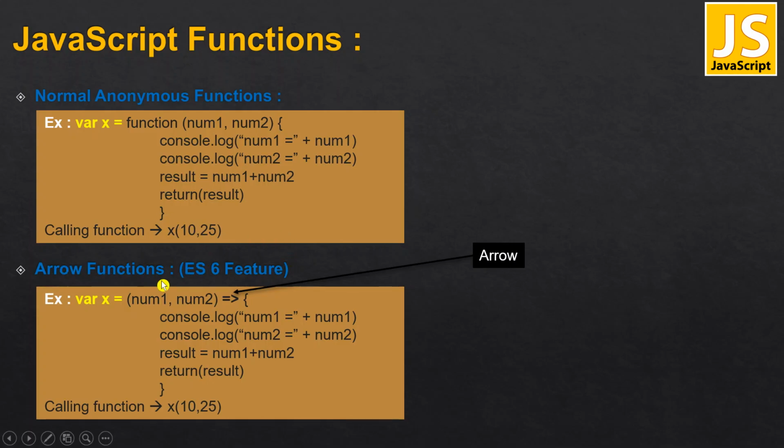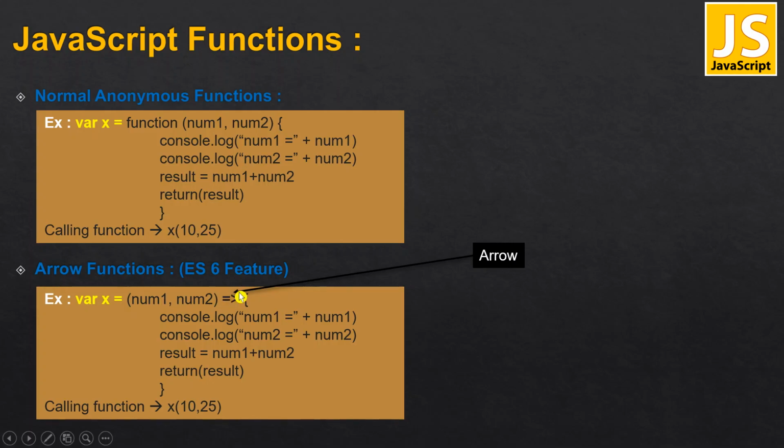Okay, so simple arrow functions, you already know the function, but a simple change you have to make. Here the function keyword is not necessary. Just place your argument list first, and then you need to make use of the equal to and greater than symbol.